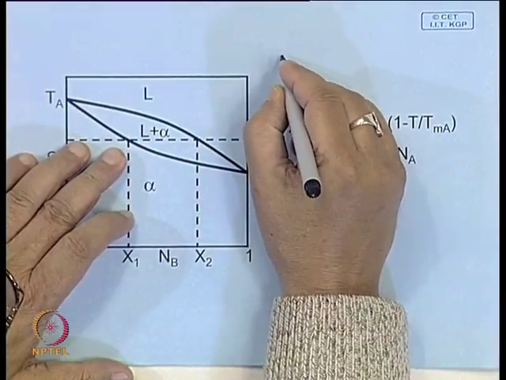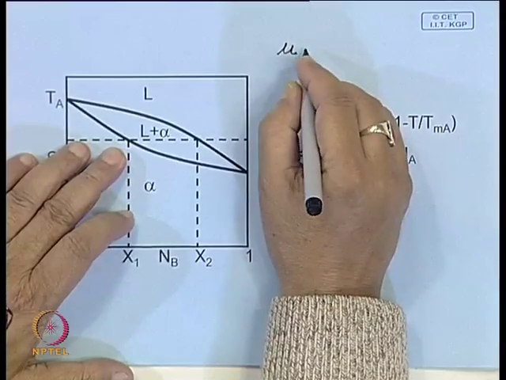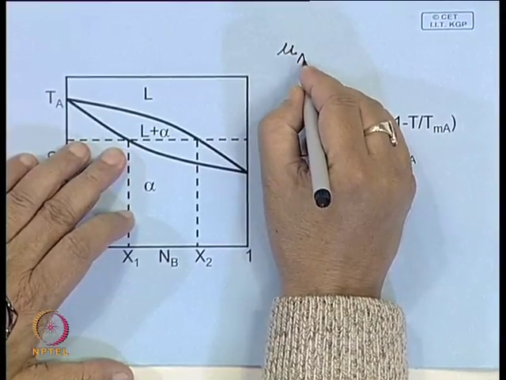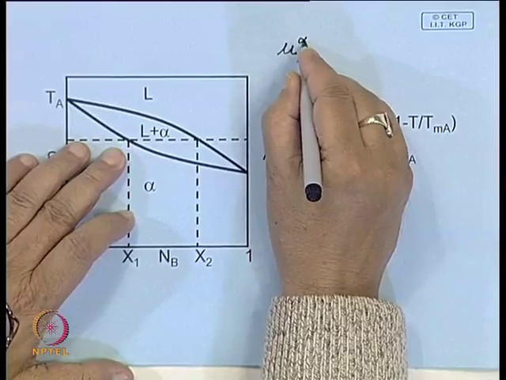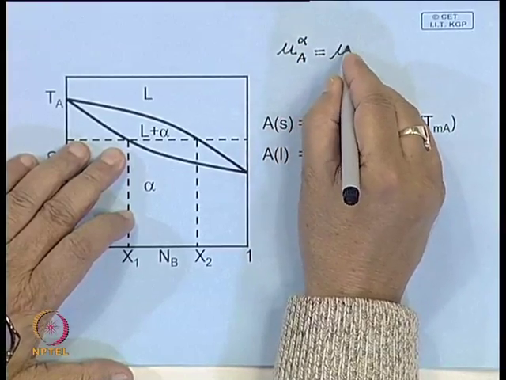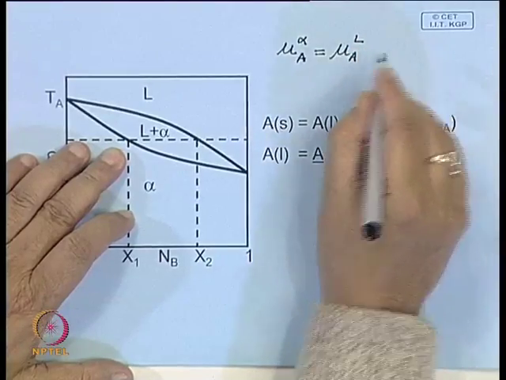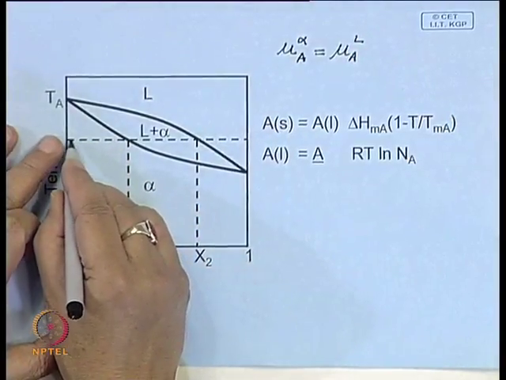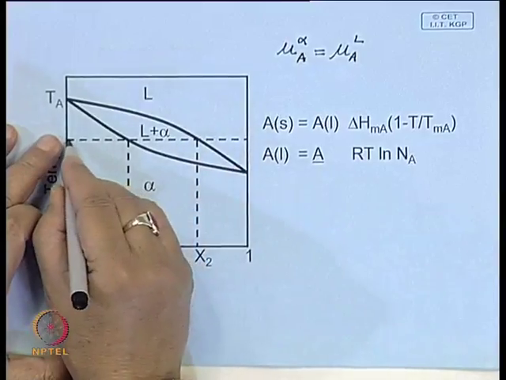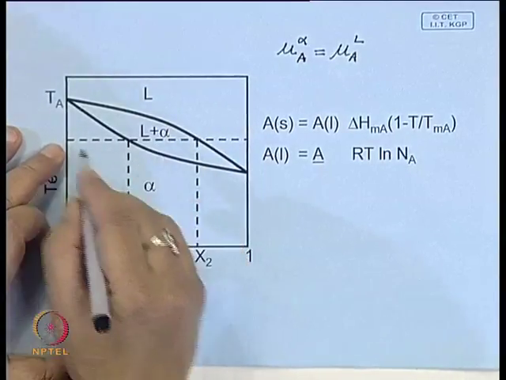Suppose we say that this is the chemical potential of, let us say, A in alpha. You have to calculate it and equate it to the chemical potential of A in liquid. Now, when you do this calculation, it is necessary to use the same standard state.